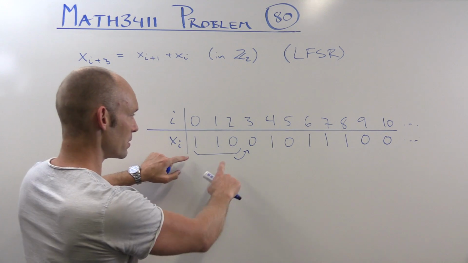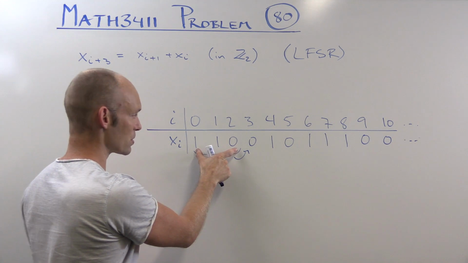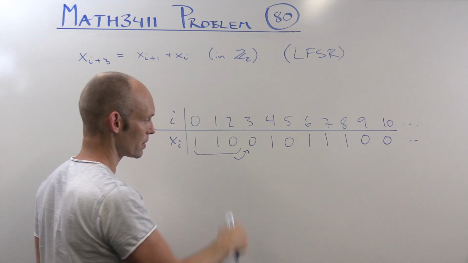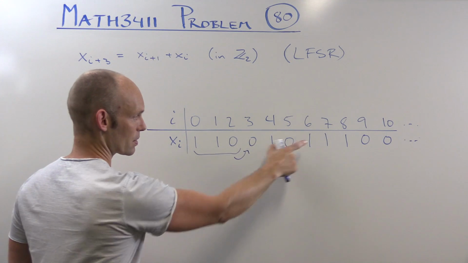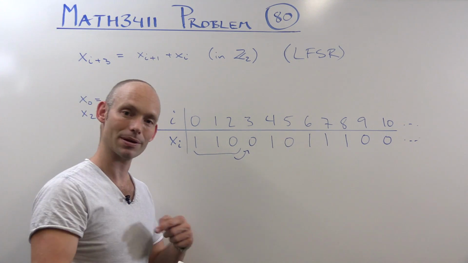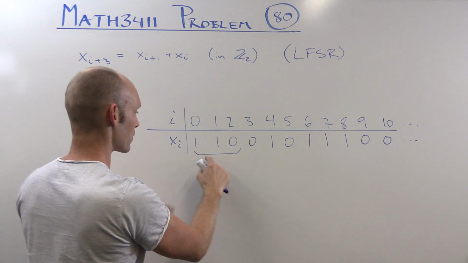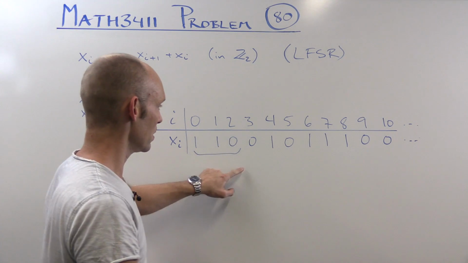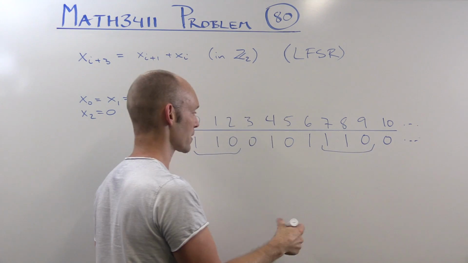Now, if we look at the sequence of numbers, every 3 sequential numbers determine the next in line. So if we can recognize any triple along here, then we'll see that the numbers will begin to repeat themselves. So let's see what happens. We've got 110, for instance, and if you scan the line here, we see 110 over there.